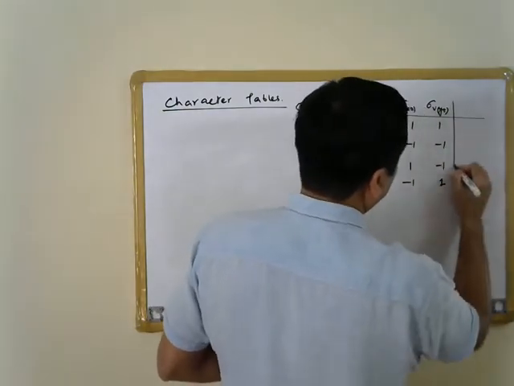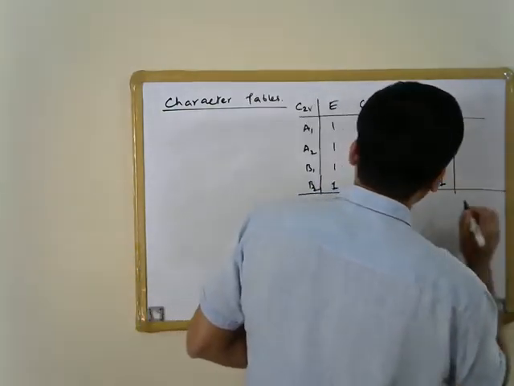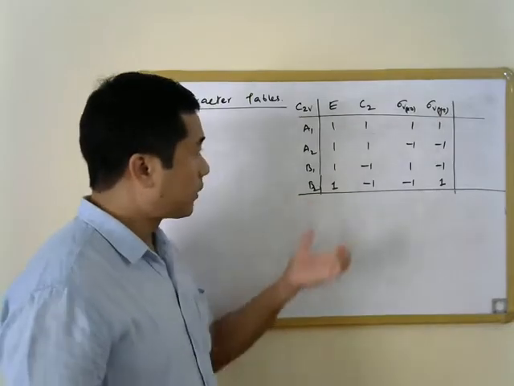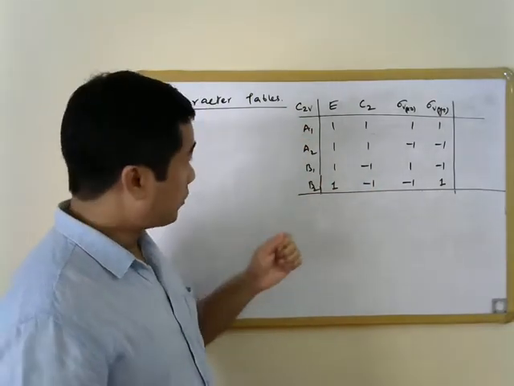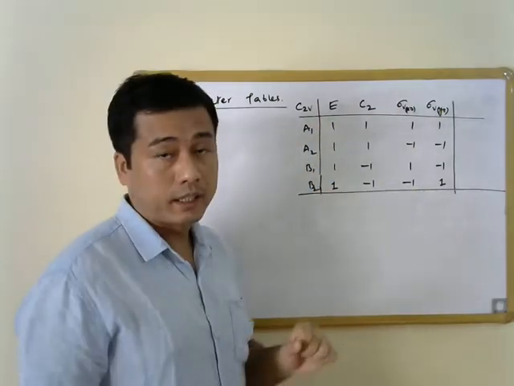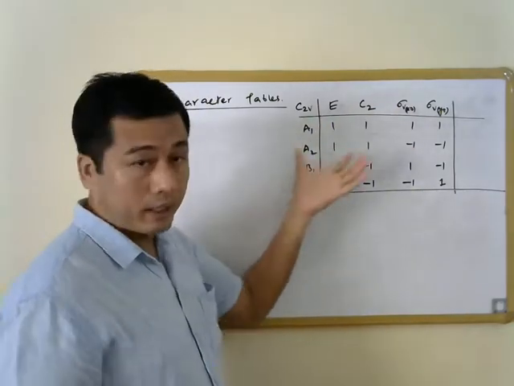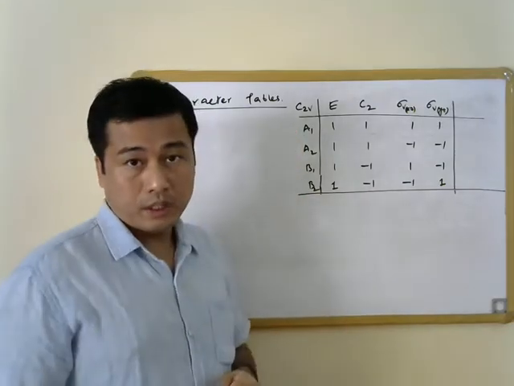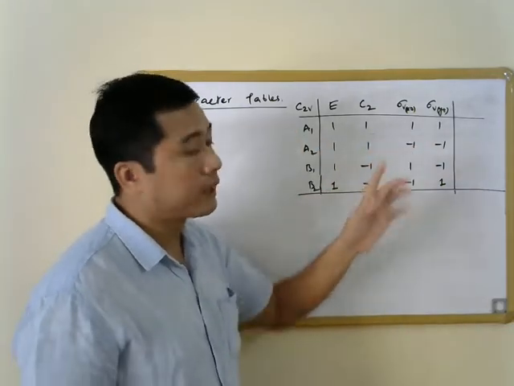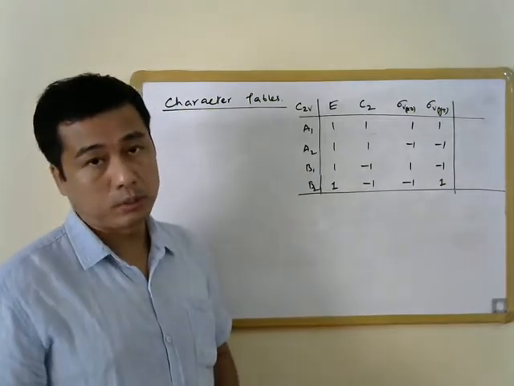So we are now familiar with this part of the character table. That is, we know where we write the symbol of the point group, the symmetry operations as per their classes, the Mulliken symbols for different irreducible representations as well as the characters of different irreducible representations.